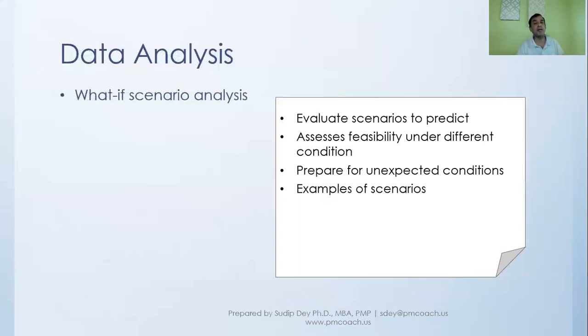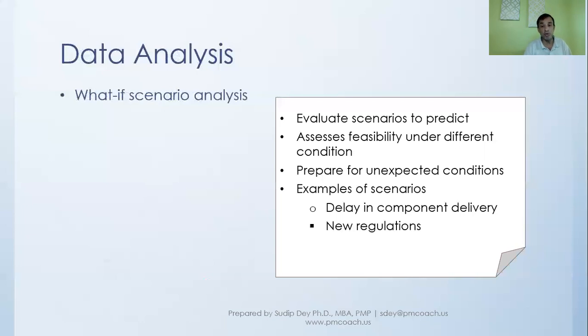So some of the examples are like, if you are depending on an external company to deliver some components, what if they don't deliver in time? So that's a scenario you are trying to think of, and then what will be the impact to your project, to your schedule?